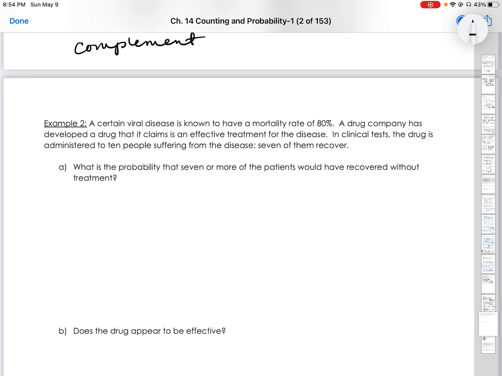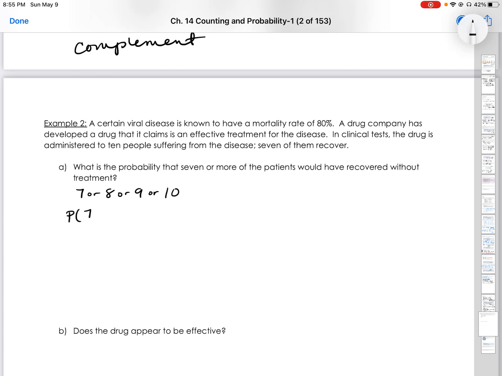All right, so what does that mean, 7 or more? So 7 or more means 7 or 8 or 9, or 10, since there were 10 people we were looking at in total. Okay, so if we want to find the probability that 7 or more occur, we need to add all of these together.